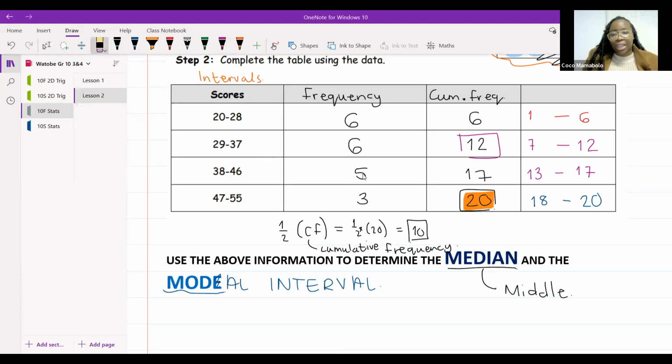We need to ask how many points of data we have altogether, and where is halfway in all of those, which is 10. Am I making sense? Okay, so how many data points do you have altogether? We have 20. What is the half point of 20? 10. So we're looking for the value in between there.